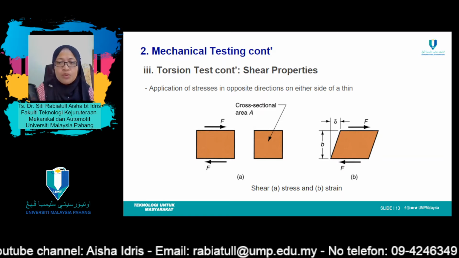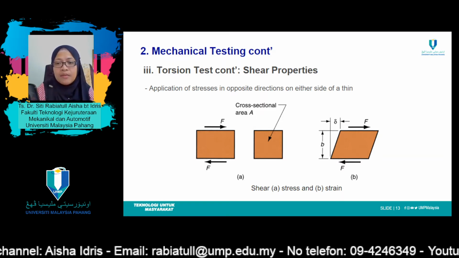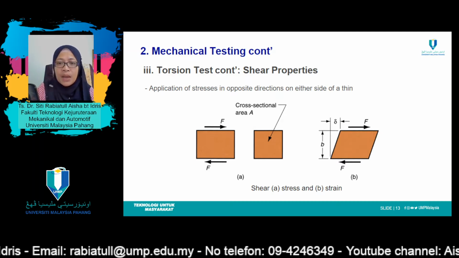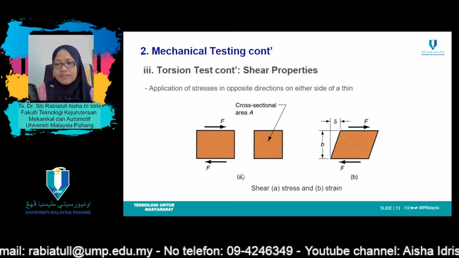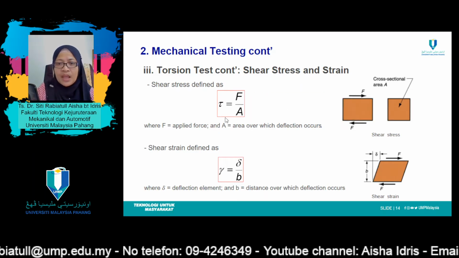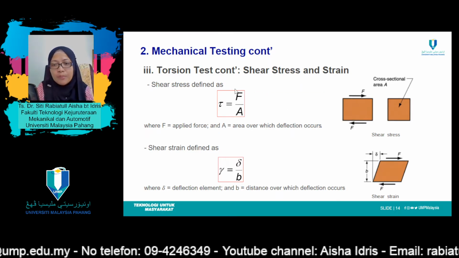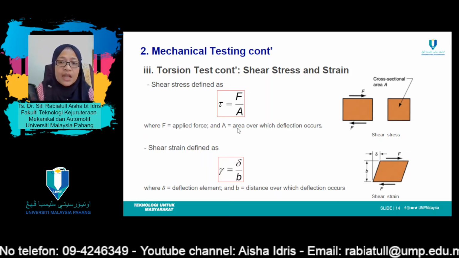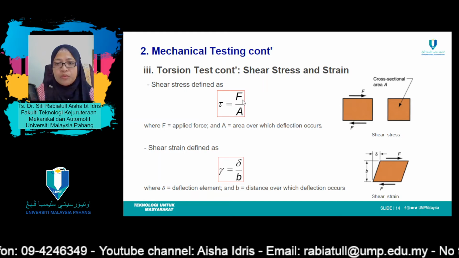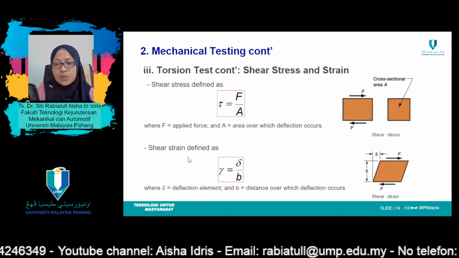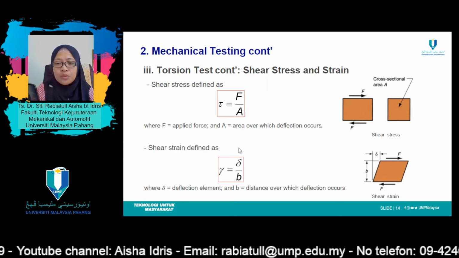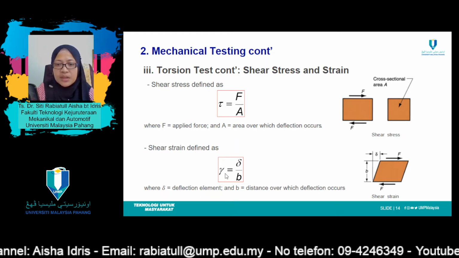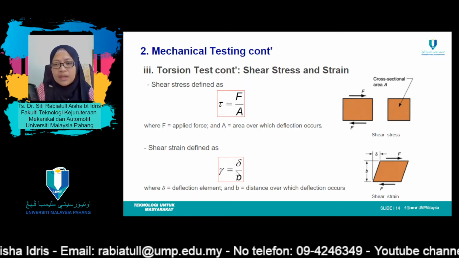Through the torsion test, we should be able to calculate the value of shear stress, which is the force coming from the torsion test itself, like this one. And this is the formula for calculating the shear stress, as mentioned in the previous lecture: force over area, whereas for strain, it equals this formula, which is shear strain equal to delta divided by b.